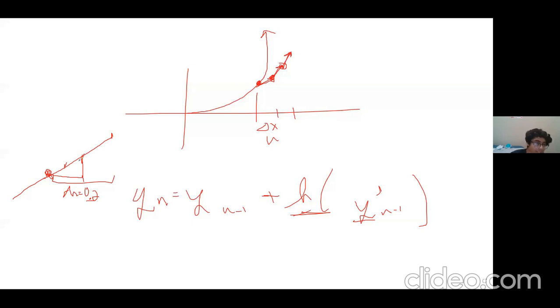Yeah, it'll be like the width times the height, and that will add height, which will add up to here, right? And then you do the next, and maybe your y prime for the next step that you calculate here is like this. And then you need this delta h, another step of 0.2.